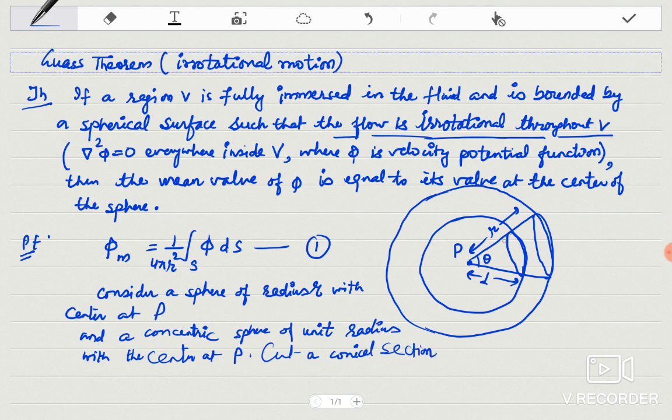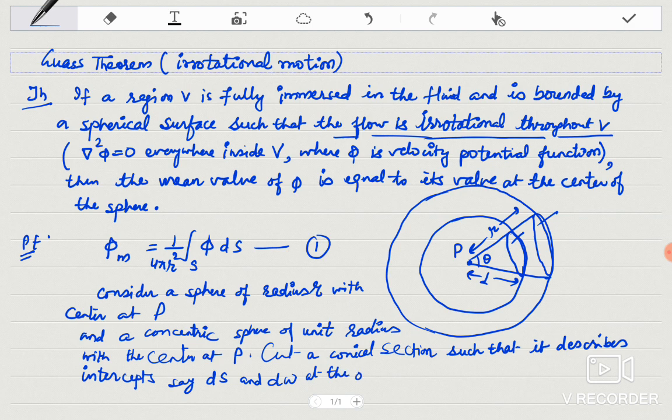When you cut a conical section, on the surface it will describe intercepts, say dS and d omega, at the outer and the inner spheres respectively.